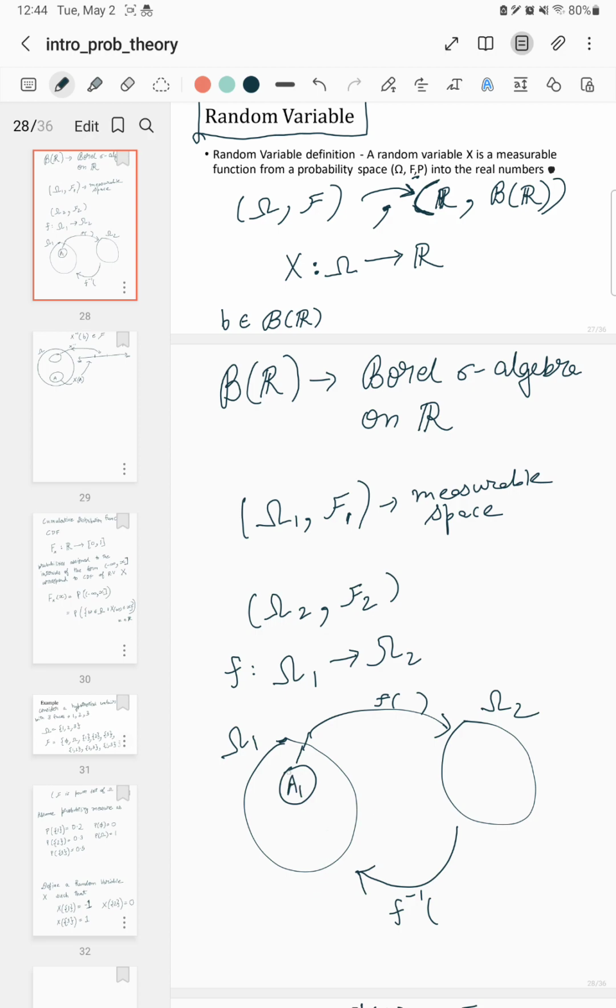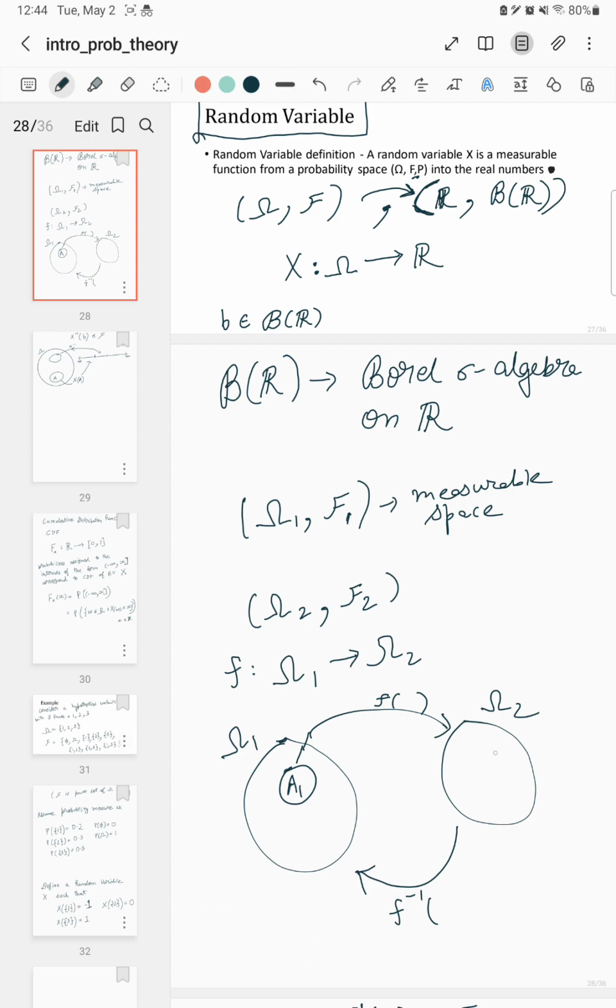Let's say there is a set A1 where A1 belongs to F1. So f of A1 would point to A2, where A2 belongs to omega 2. Let's say a function is defined in this way.